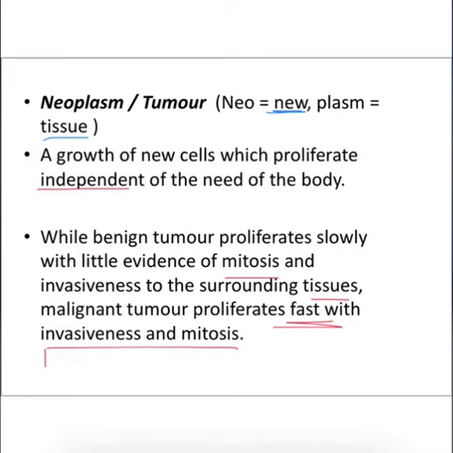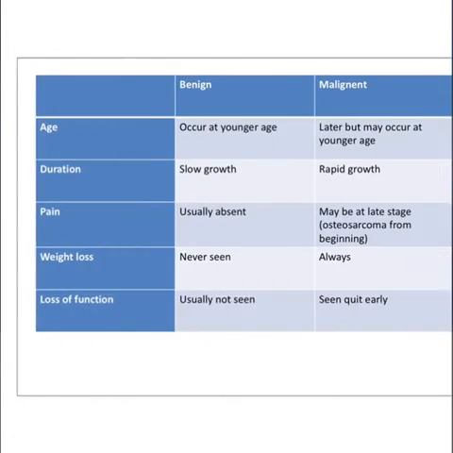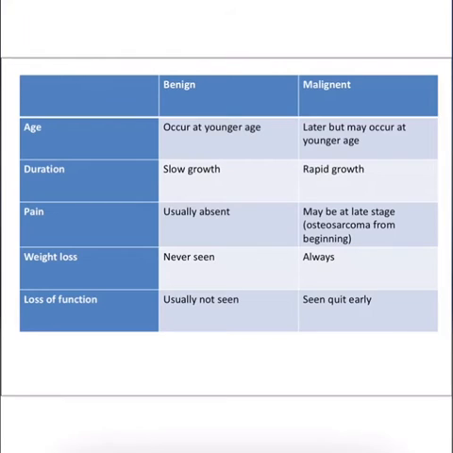Okay, so benign are slowly proliferated, with little evidence of mitosis and no invasiveness. Opposite is malignant. So you need to remember the difference between benign and malignant tumors. Benign is usually seen at a younger age, malignant is seen later, but may occur at a younger age.